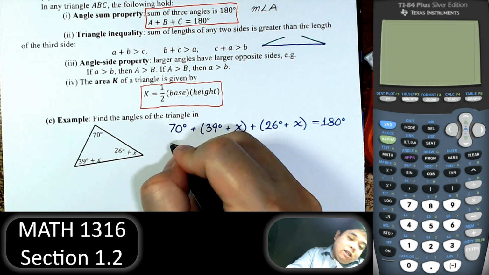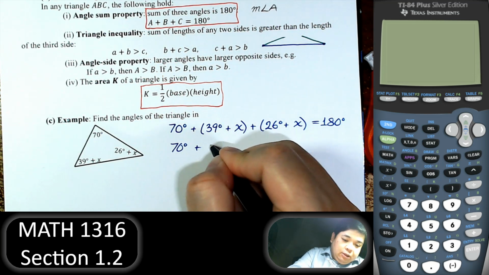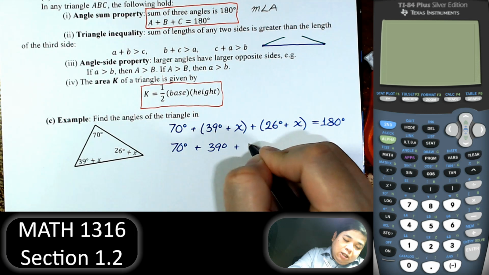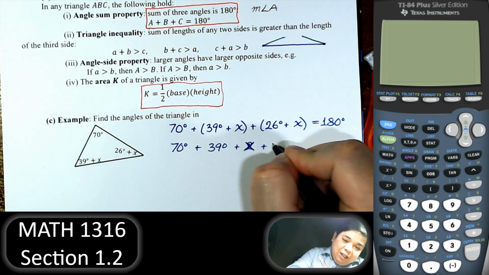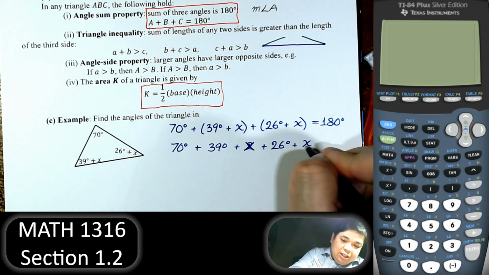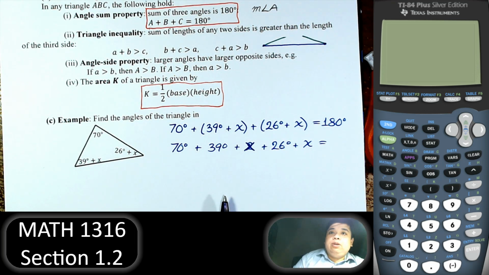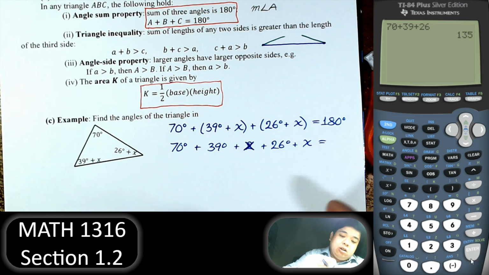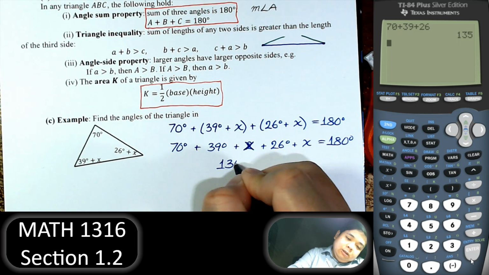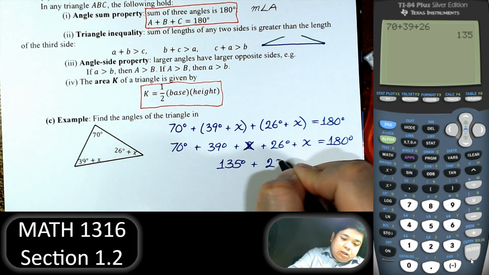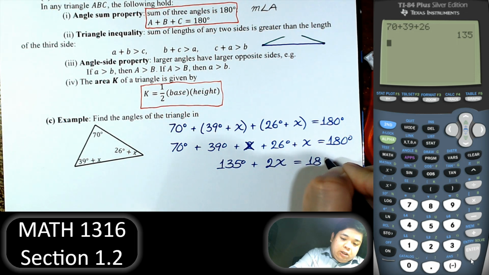This will be easy. So 70 degrees, 39, 26, and x. So all of those add up to 70 plus 39 plus 26, 135 degrees, plus 2x equal to 180 degrees.